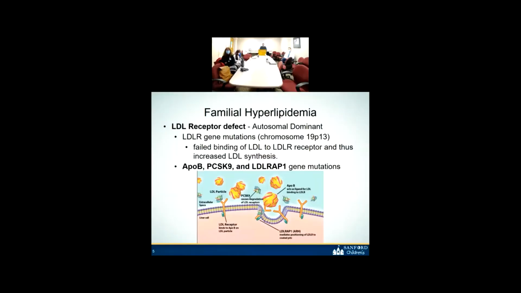And so mutations at any of these three genes cause issues with how our liver is going to process, synthesize, and uptake all of the fat that we eat, and also what our liver will do as it makes LDL.